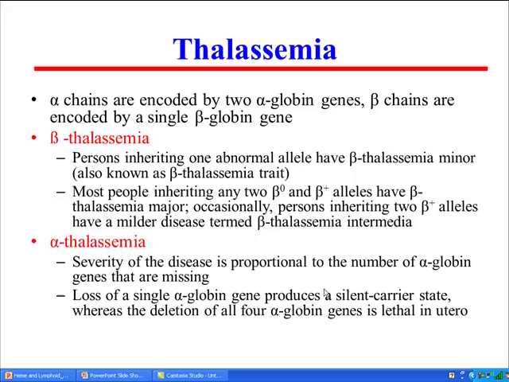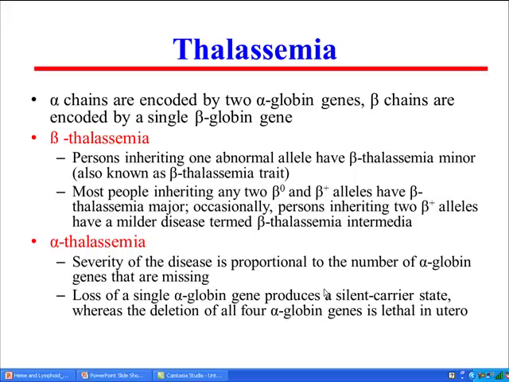So let's talk about beta thalassemia. If a person inherits one abnormal allele, they have what we call beta thalassemia minor, also known as beta thalassemia trait. But if they inherit two mutated alleles, then they're going to have what we call thalassemia major.